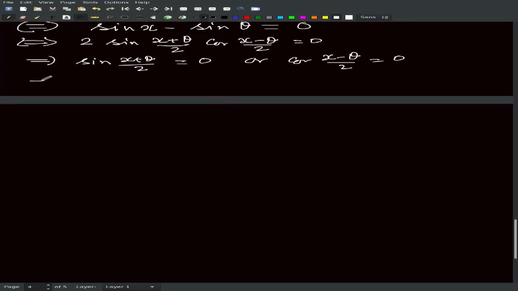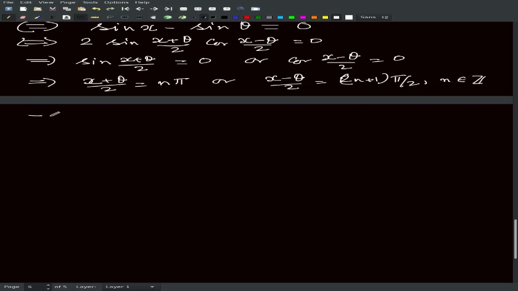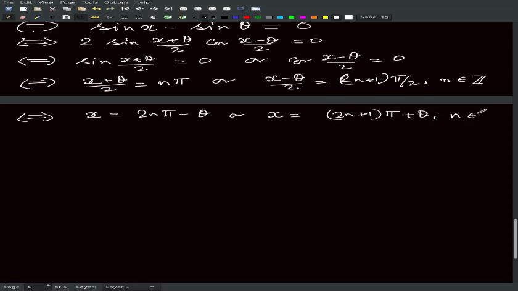This tells us x plus theta by 2 is some n pi, or x minus theta by 2 is some odd multiple of pi by 2, where n is in Z. So this is in fact if and only if: x is 2n pi minus theta, or x is (2n plus 1) pi plus theta for some n in Z.